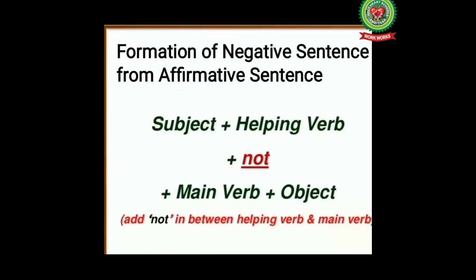Now I will tell you the formation of negative sentences from affirmative sentences. The structure is subject plus helping verb plus not plus main verb plus object, and we use word not after the helping verb and before main verb.